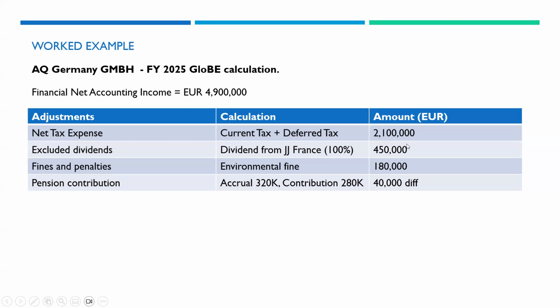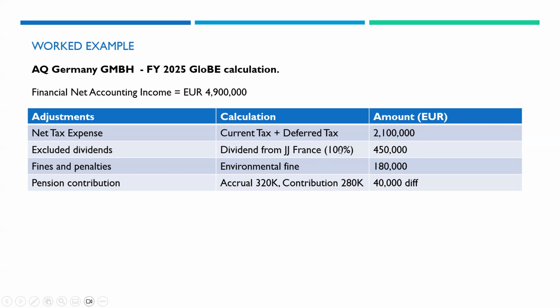4.9 million. Do I add back 2.1 million? No, I will only add back the current tax element; deferred tax, I will keep there. Okay. Now, dividends received from JJ France, that I would deduct from 4.9 million because it's a 100% subsidiary.